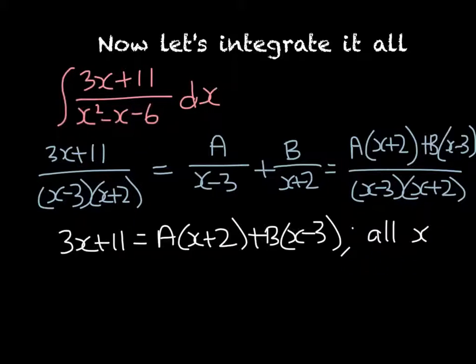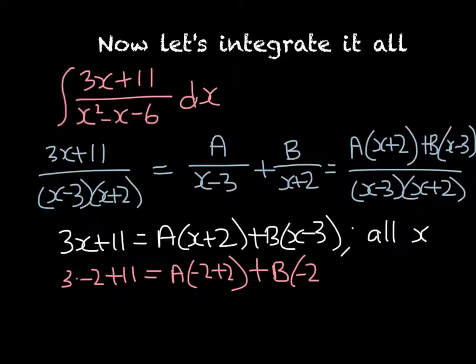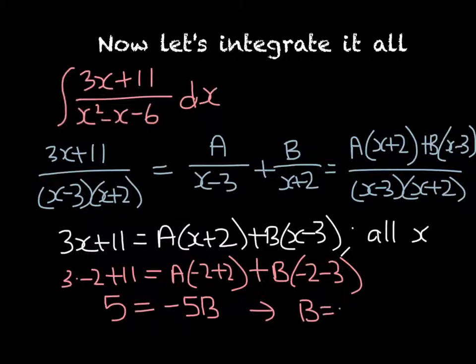So this means we can plug in x equals negative 2, and that would give us 3 times negative 2 plus 11 equals a times negative 2 plus 2 plus b times negative 2 minus 3. And so on this side we end up with negative 6 plus 11, or 5, and over here we have negative 5b, which gives us that b equals negative 1.